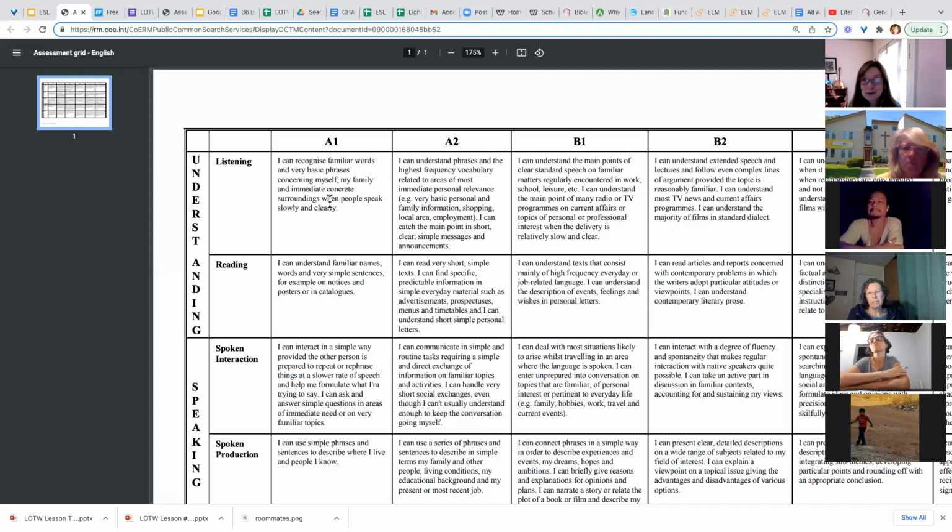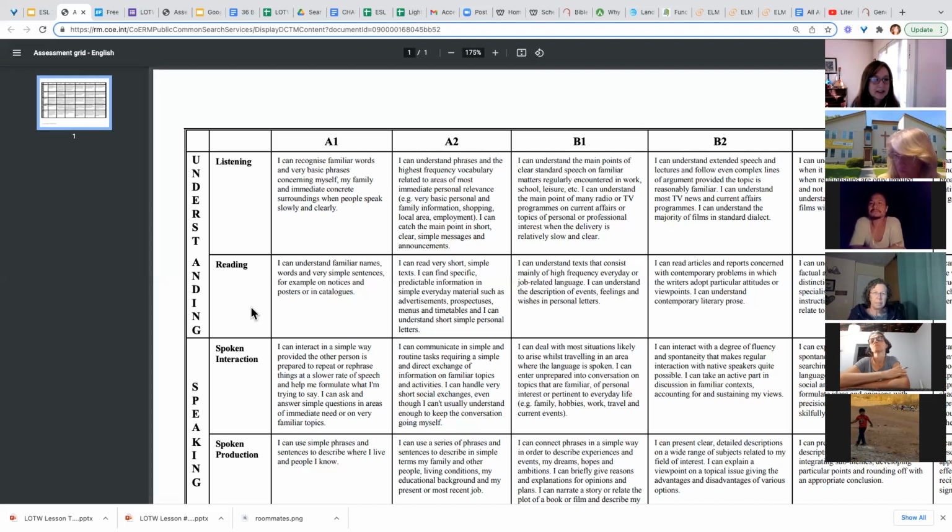However, when it comes to writing Spanish, I'm really terrible. I'm probably at like an A2 level or an A1 level. And the same with my speaking, it's not nearly as high as my listening. So you'll probably find with your students too, there's going to be some things that they are good at, some things they are not as good at.